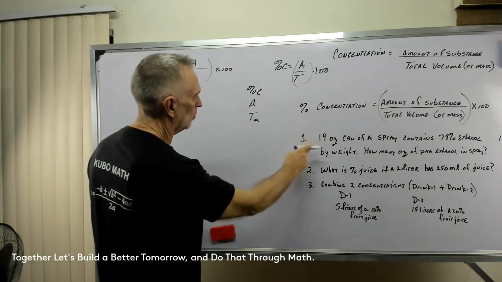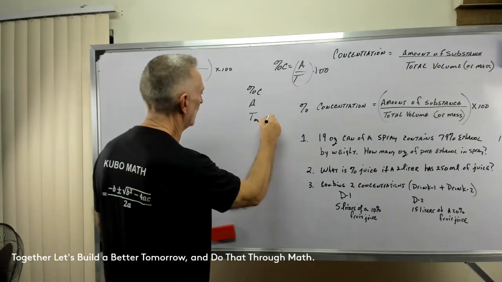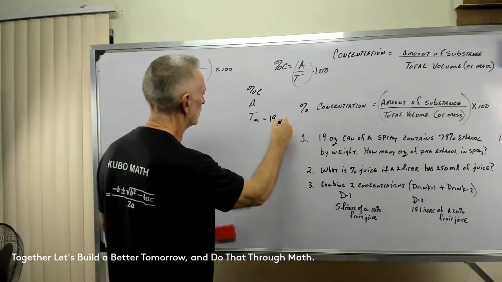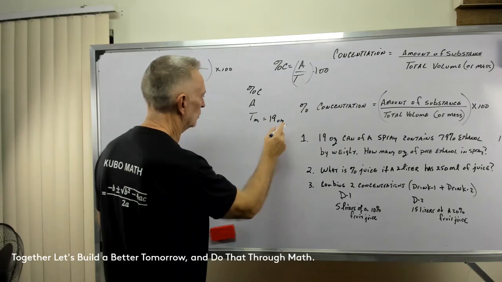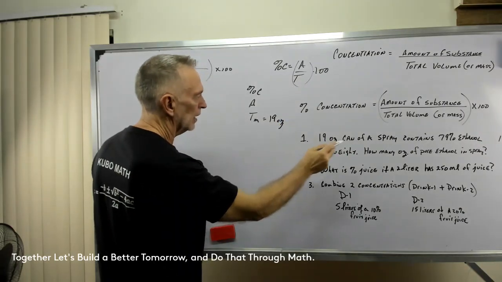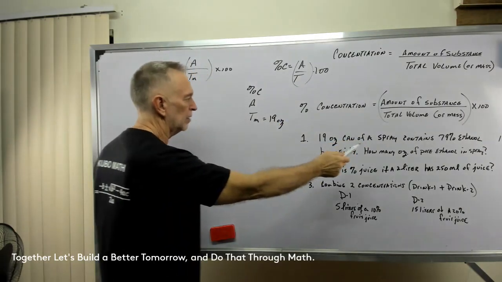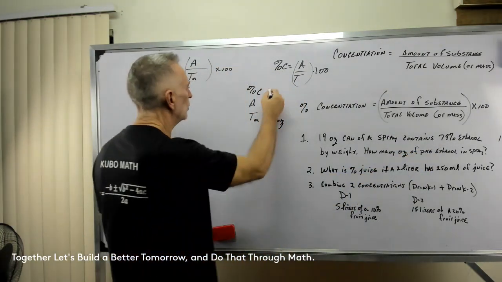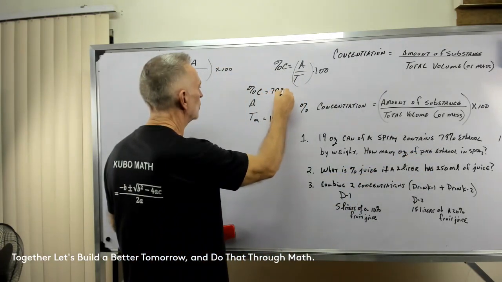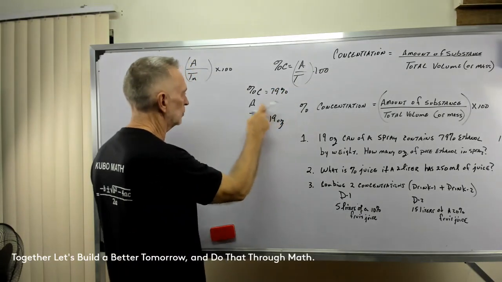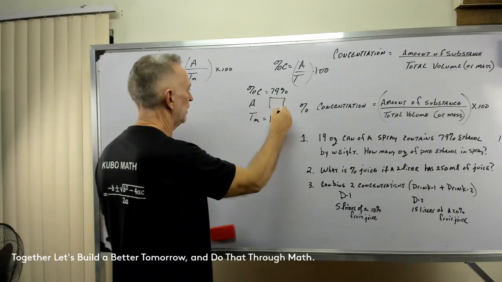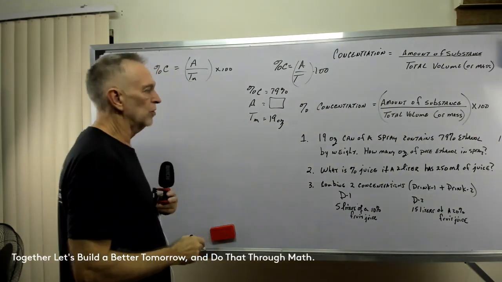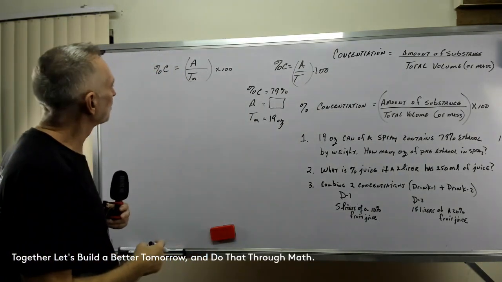What do we know? We know that our total mass is 19 ounces. And we know the percent concentration is 79%. So we know these two items, we just don't know the amount of the ethanol that's in the can.